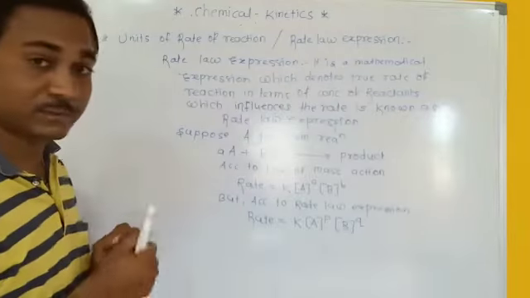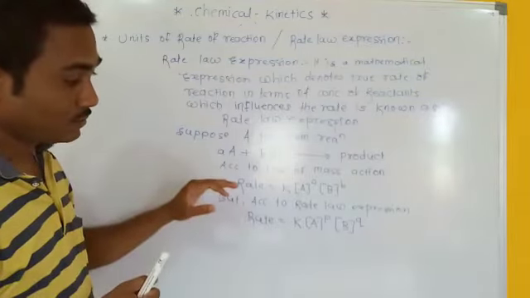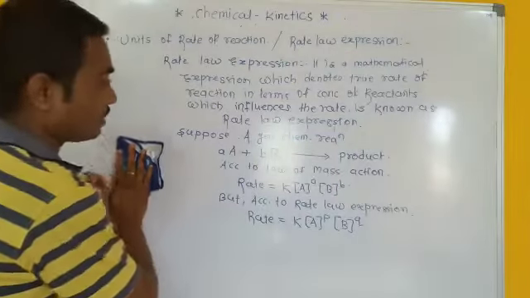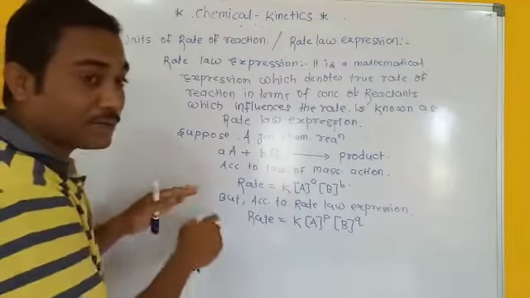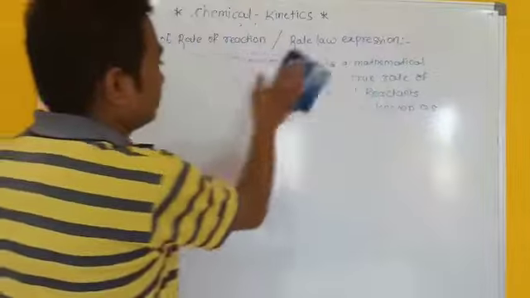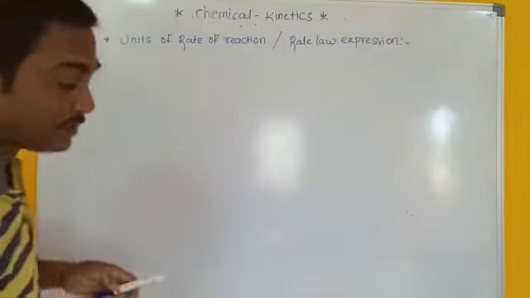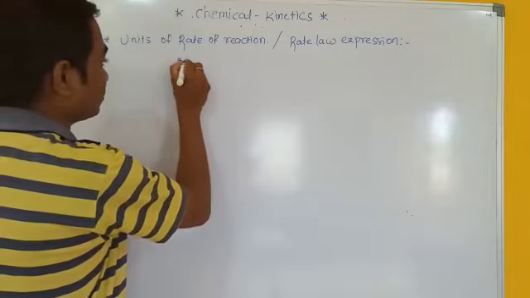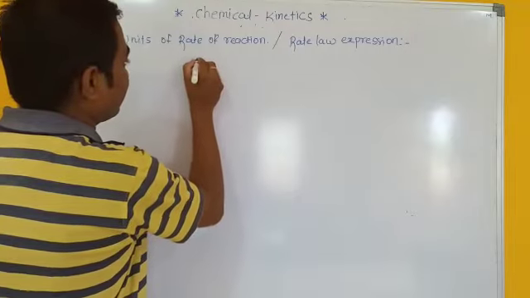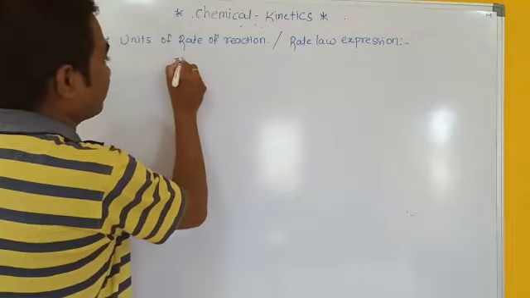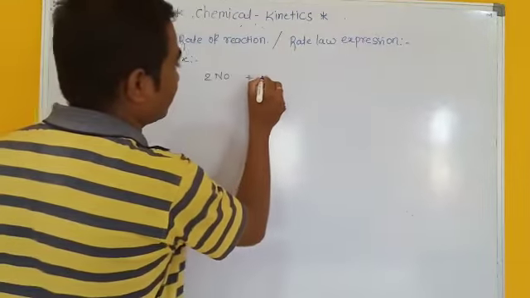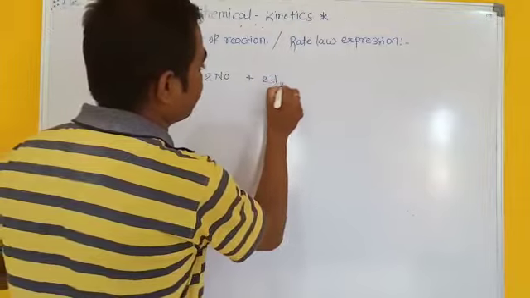From the above explanation, we have to take a next example. We have to explain the rate law expression by using one example. Suppose a chemical reaction, for example, twice NO plus twice H2.